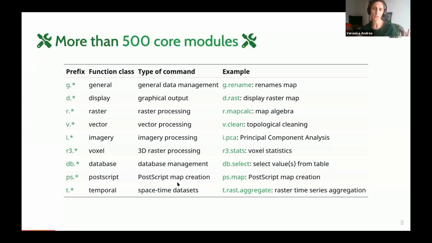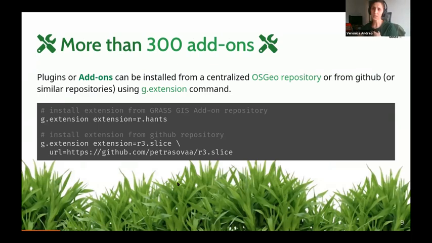And the same will happen with add-ons, okay? And add-ons are easily installed with a module doing general stuff like g.extension here, okay? And as I said before, you can install add-ons from other repos, not only the official GRASS add-ons repo, but other community members' repos.